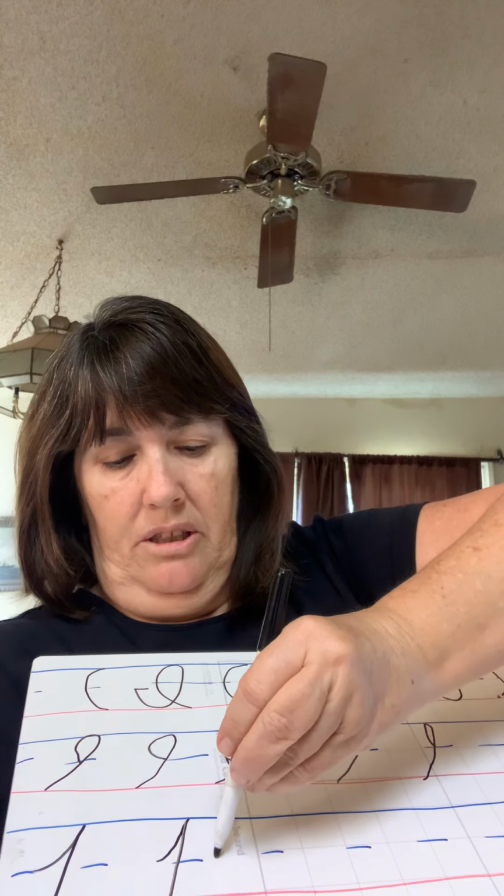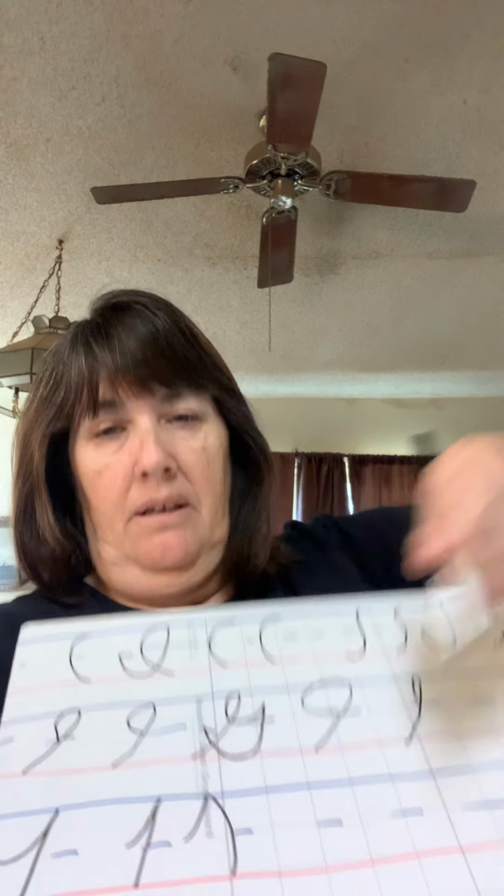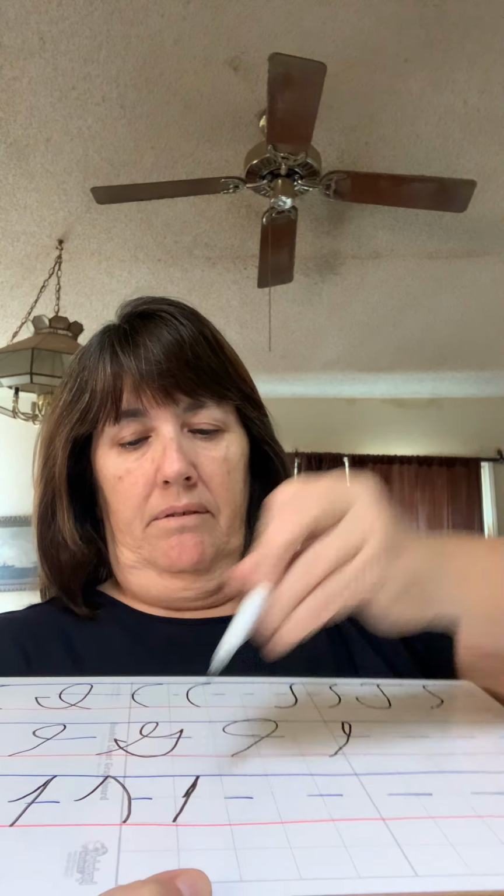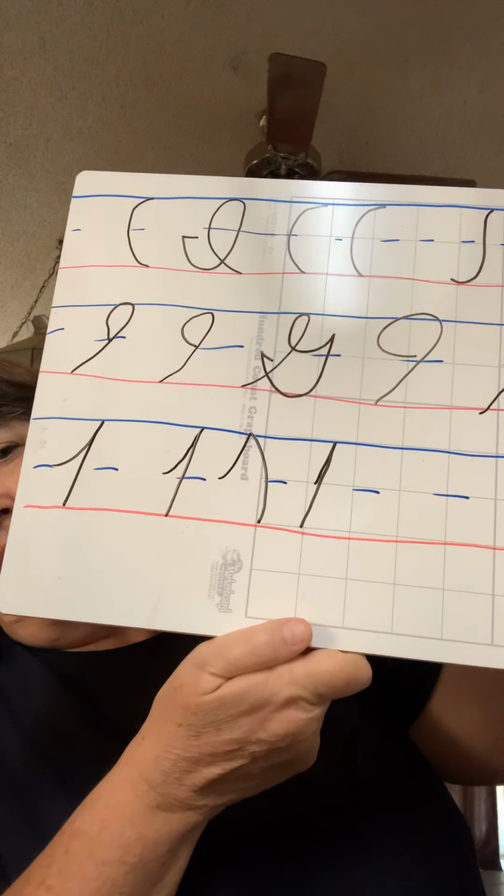So we don't want it looking like that. That wouldn't be good. We also don't want it looking like that, where there's no space at all, right? You need a little bit of a slant, and make sure it slants. We don't want it straight up and down.